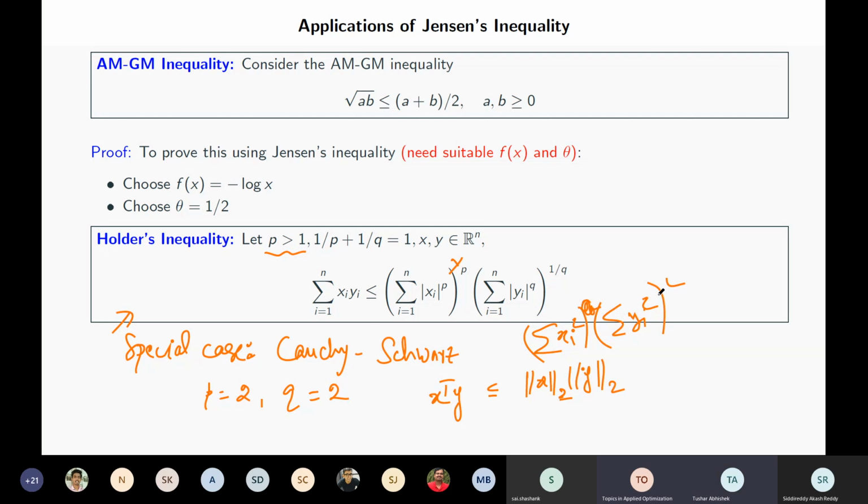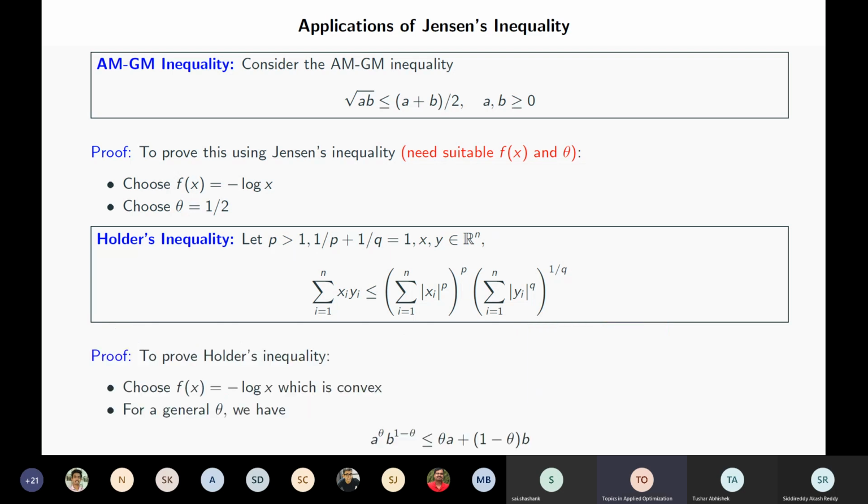And 1 by p is actually square root here, right? So this will be square root of the sum of xi squared and of yi squared, which is nothing but the 2-norm. So what I wrote was actually correct: the 2-norm of x and the 2-norm of y. There was an error in the formula, so it will be 1 by p. Then it will be Cauchy-Schwarz.